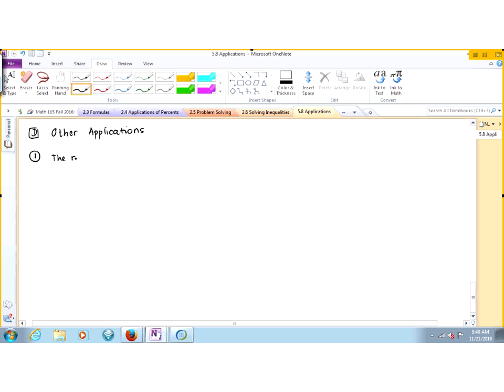So you just have to substitute the value. So the number of possible handshakes within a group of n people is given by h is equal to half times n squared minus n.